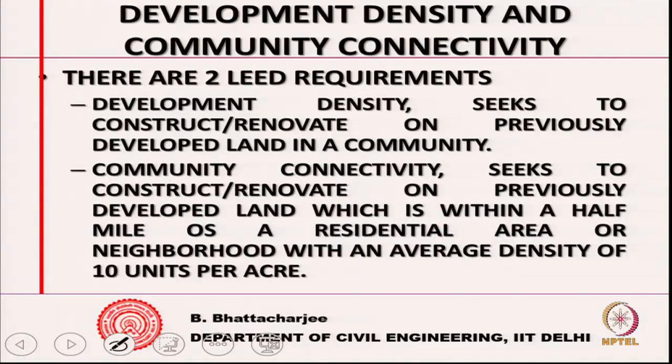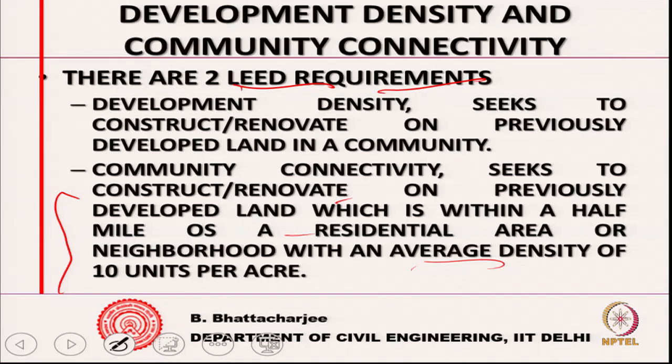Connectivity, density and community connectivity. When you see LEED, you will see these requirements. Development density seeks to construct or renovate on previously developed land. Community connectivity seeks to construct or renovate on previously developed land which is within half a mile of a residential area or neighborhood with an average density of 10 units per acre. Well, this will be an American sort of thing.